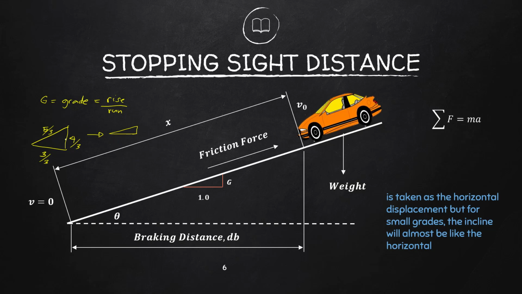Of course, you're not changing the slope or the grade level. You're just changing the notation of these sides. This will become 1.0. This will become the grade, or 4/3.